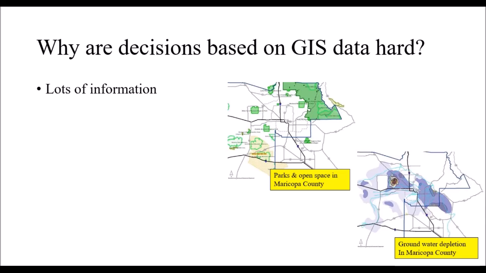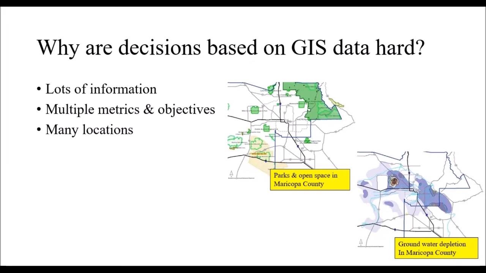For all but the simplest problems based on GIS data, you're probably interested in multiple metrics. The decision maker and stakeholders probably care about more than one thing. There may be many locations, and they're probably not identical in terms of features, land usage, and all of that, which means you're going to have to think about trade-offs between places.